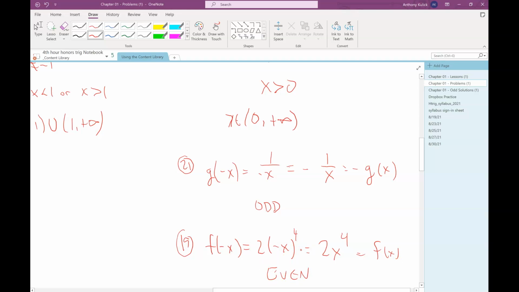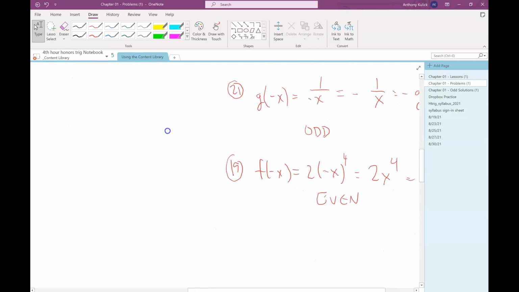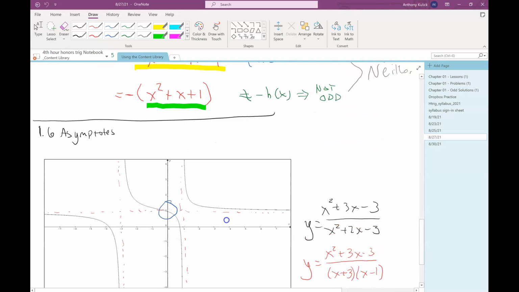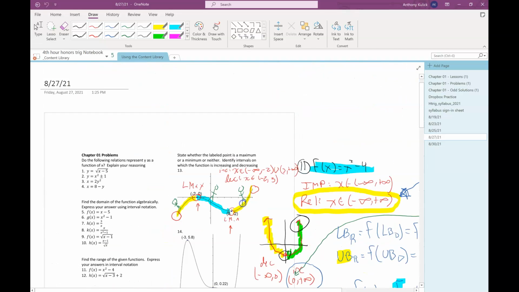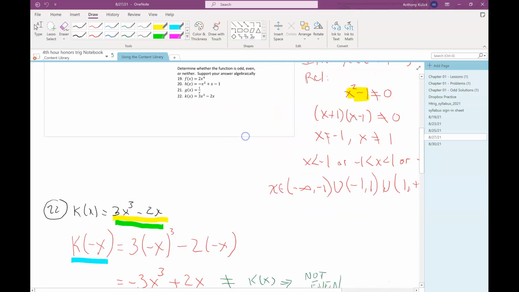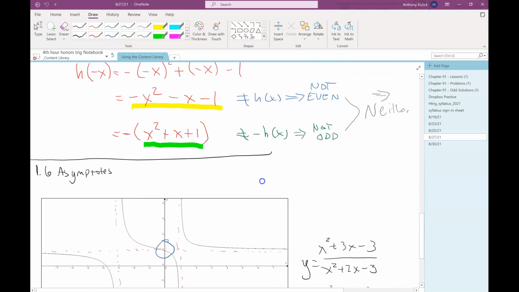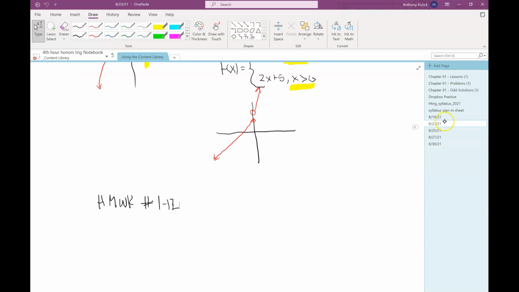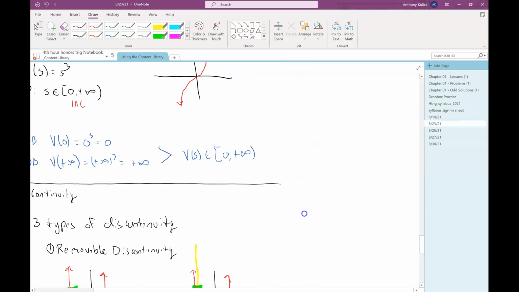Okay. Why do you have to make it a negative? So we talked about last time the definitions of odd, even, and neither. So if we go back, oh, I'm in the wrong notebook. That's what's going on. Anyways, here, it's fine.